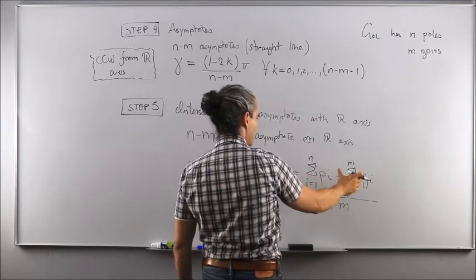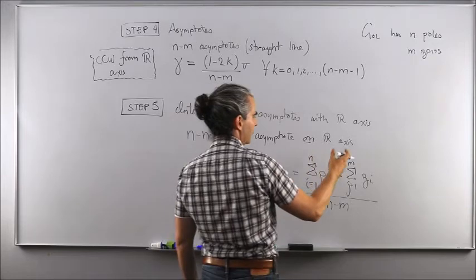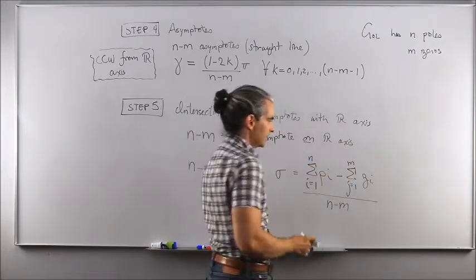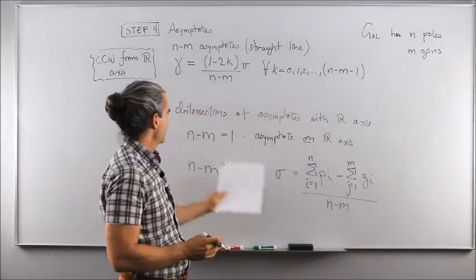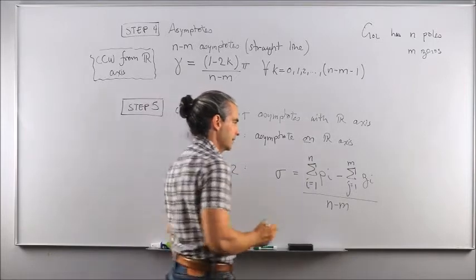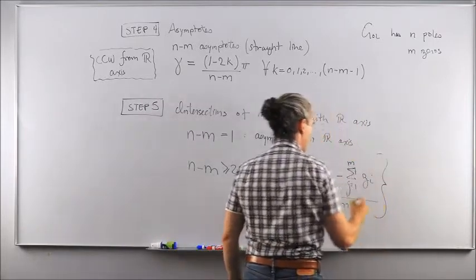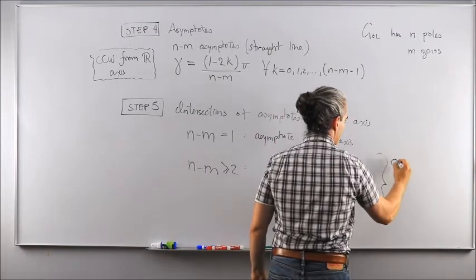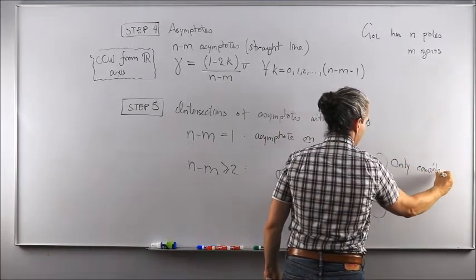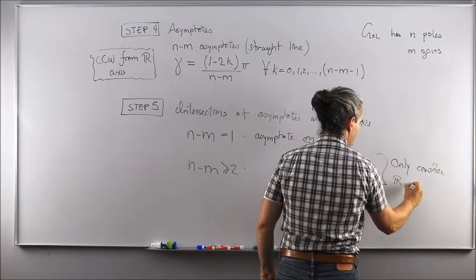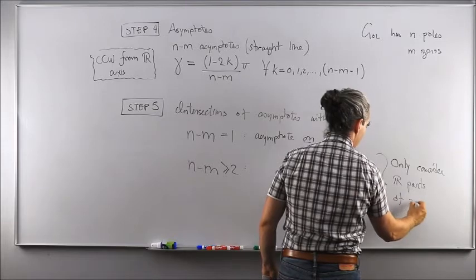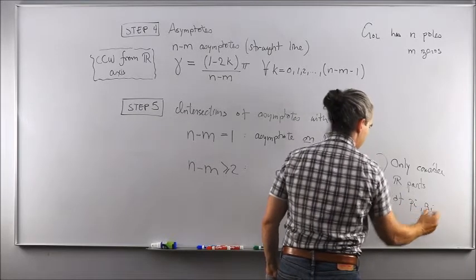Now for this calculation, because you're going to end up with complex conjugates and real poles and or zeros, because here you want the intersection along the real axis, this calculation only considers the real parts of the poles and zeros. Only consider the real parts of your poles and your zeros.